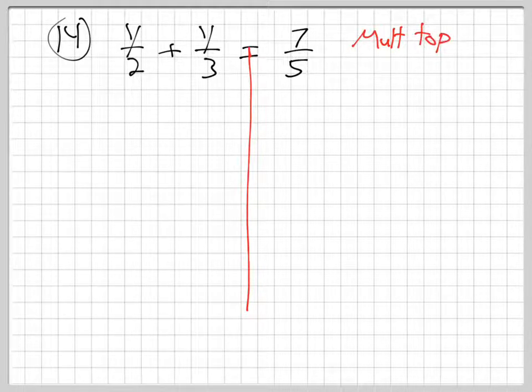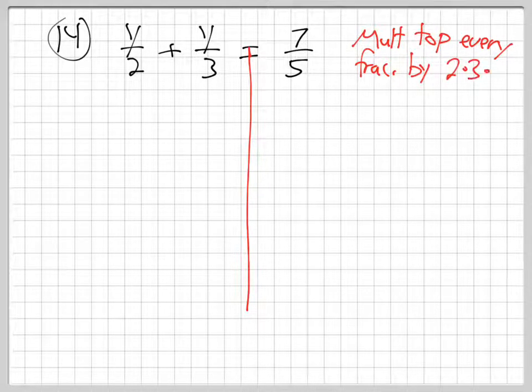Multiply the top of every fraction by 2 times 3 times 5, which equals 30. I take those 3 denominators, 2, 3, and 5, and multiply them all together and get 30. 2 times 3 is 6, 6 times 5 is 30. So I'm going to multiply the top of every fraction by 30.